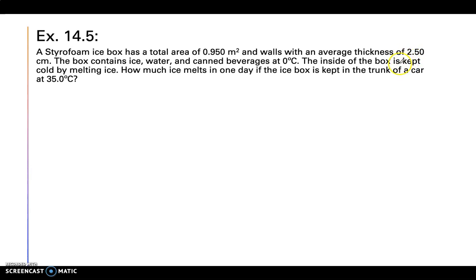The box contains ice, water, and canned beverages, all at 0 degrees Celsius. The inside of the box is kept cold by melting ice. How much ice melts in one day if the ice box is kept in the trunk of a car at 35 degrees Celsius? Okay, so we'll look at this in our next video.